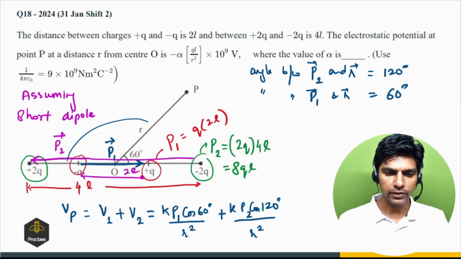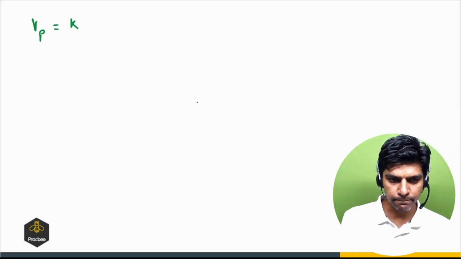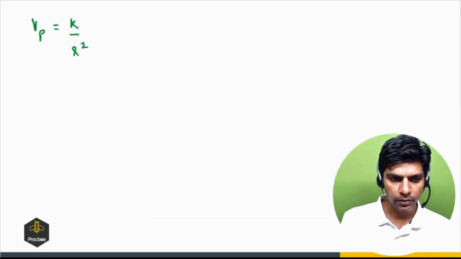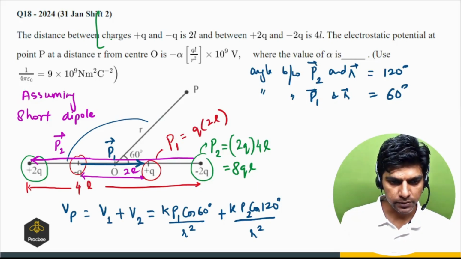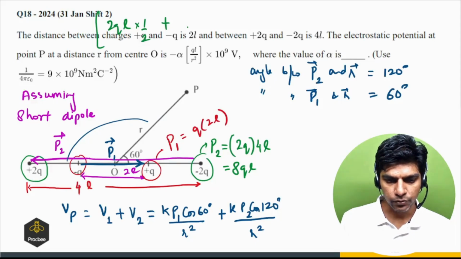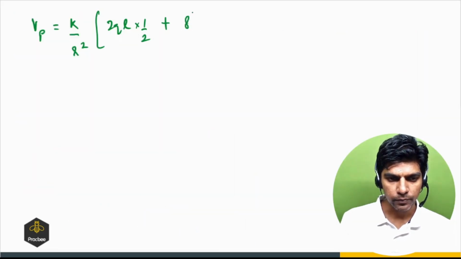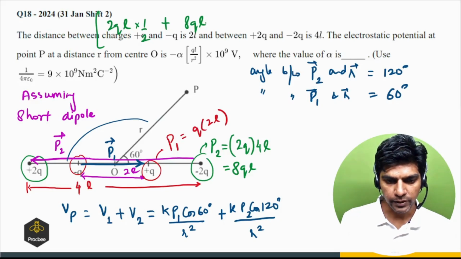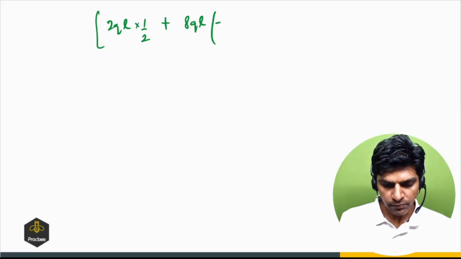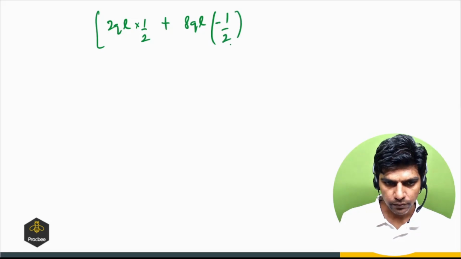Now let us substitute the values. So k by r square will be common. P1 is 2QL, and cos 60 is 1 by 2, plus P2 is 8QL, and cos 120 will be minus 1 by 2.